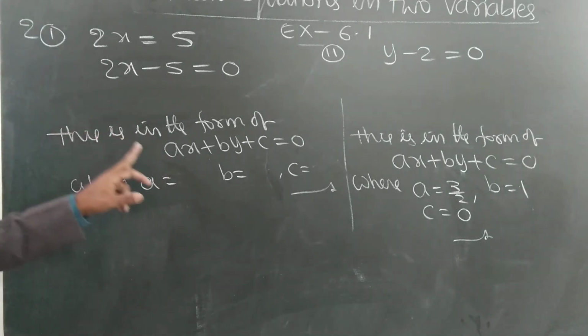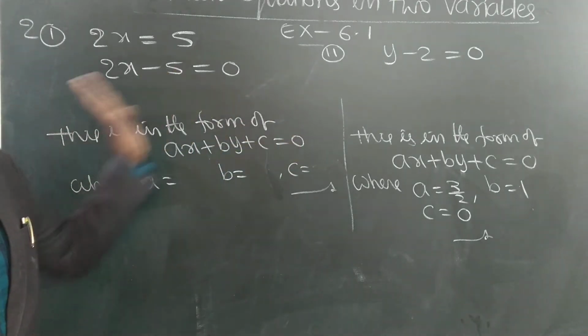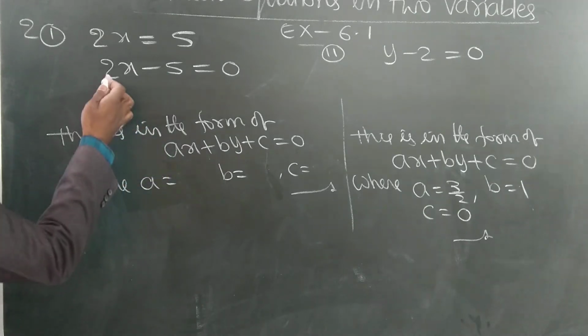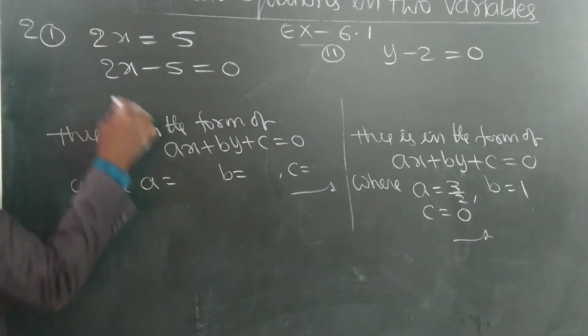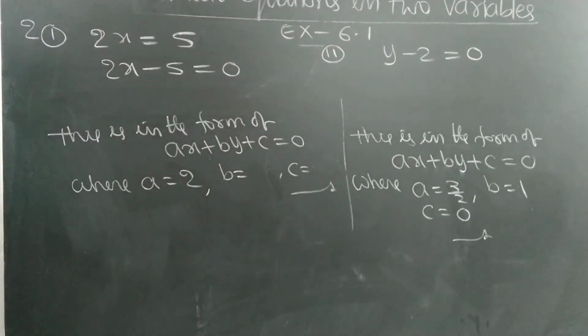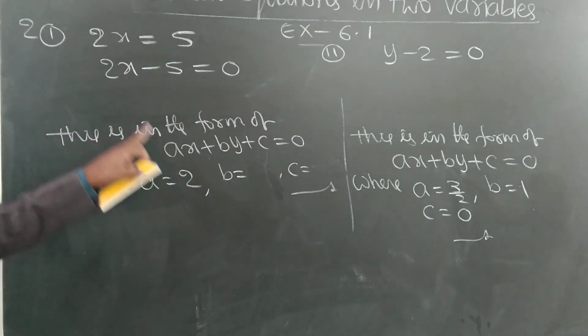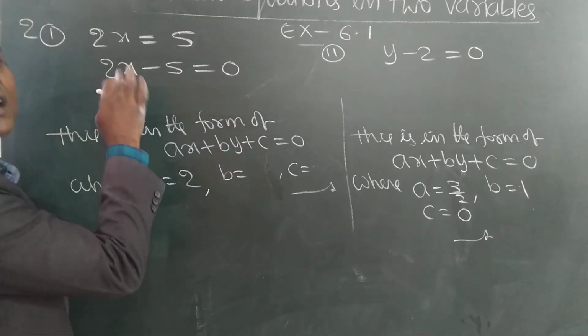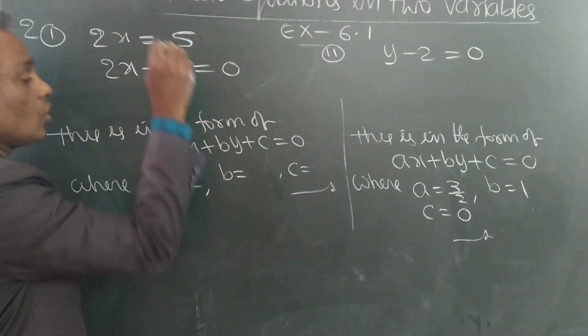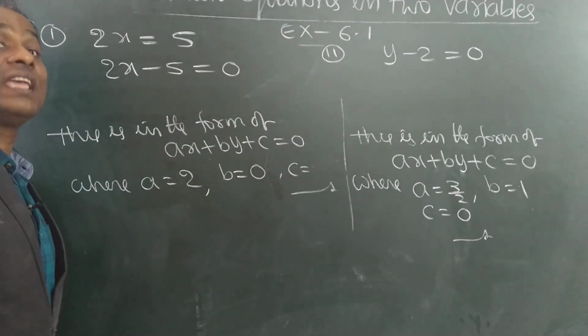Now this is in the form of ax plus by plus c is equal to 0. What is a? A is the x coefficient. A is equal to 2. B is equal to y coefficient. There is no y term here, so y is 0.